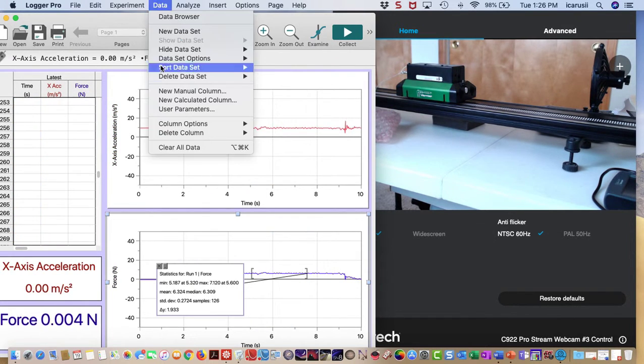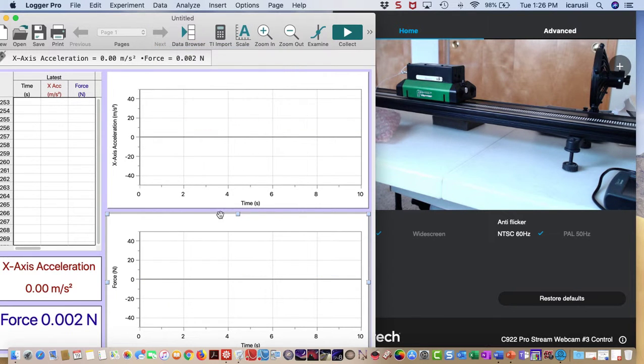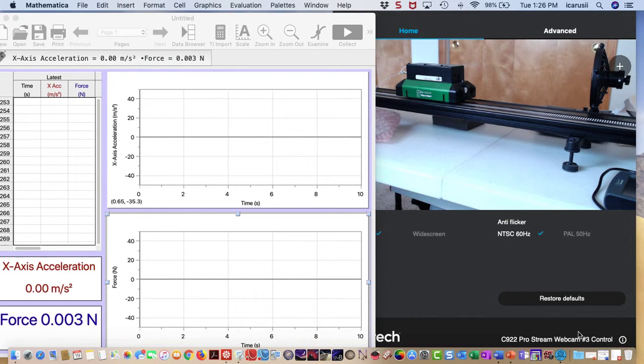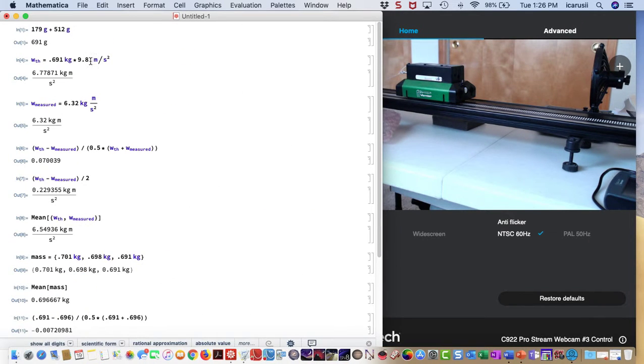There's my run. And I'll hide the data set right now because I don't need it. Now, we expect the cart to have a weight. I'm just going to bring up my sheet because I calculated this out ahead of time. The cart has a weight of 179 grams for the force sensor, and 512 grams for the cart itself, bringing us to a total of 691 grams or 0.691 kilograms.